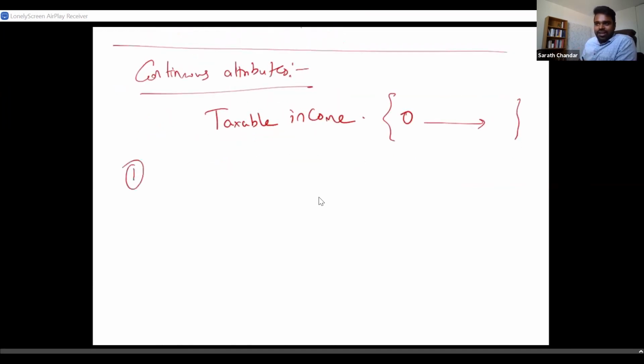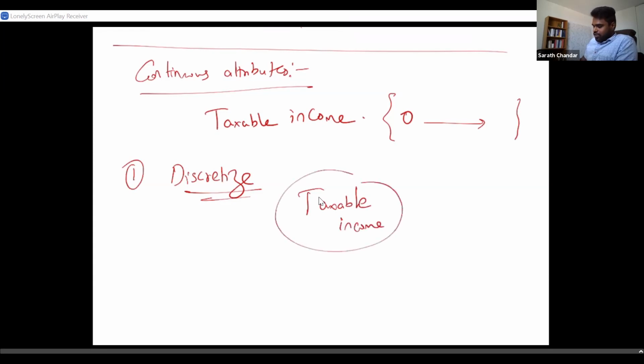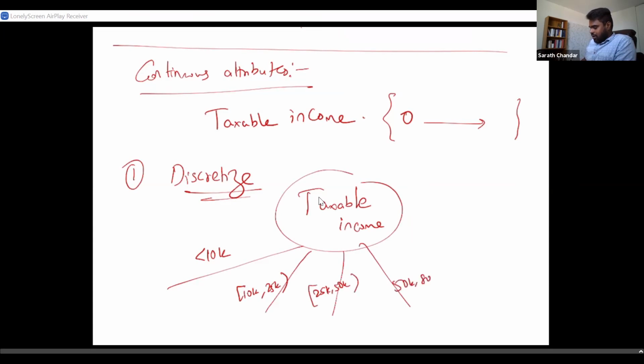So the first way is to actually discretize it so that I move from continuous to categorical. How can I do that? For example, I could have one node, taxable income, which has multiple divisions: less than 10K, 10K to 25K, 25K to 50K, 50K to 80K, and anything greater than 80K.